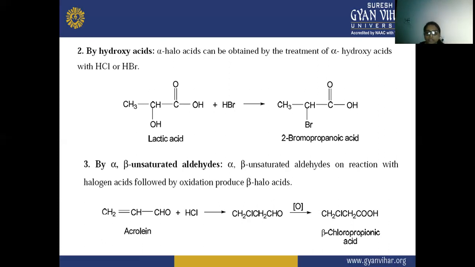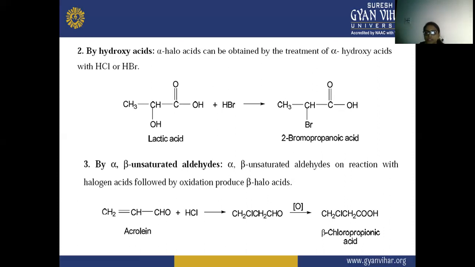When it is first reacted with hydrogen chloride, that is HCl, then a chloroaldehyde is formed here. After that, it gets oxidized, and there is a formation of the carboxylic acid. As you know, the aldehyde gets oxidized in the presence of an oxidizing agent to a carboxylic acid.